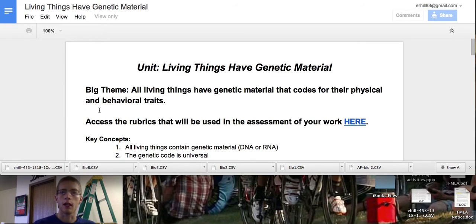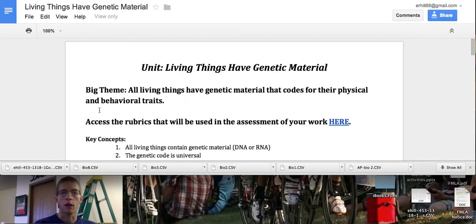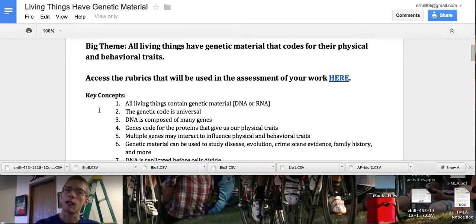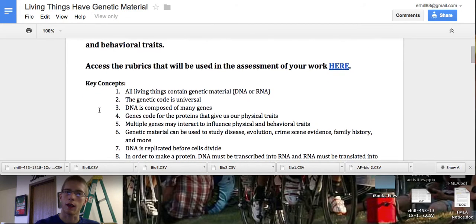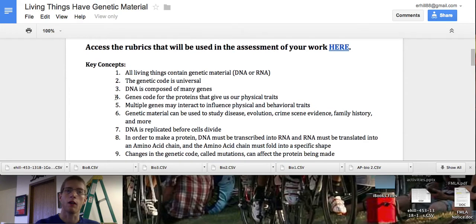Our big theme for this personalized learning unit is that all living things have genetic material that codes for their physical and behavioral traits. And so we talked about that genetic material being DNA, or deoxyribonucleic acid. We talked about how it is a universal genetic code.